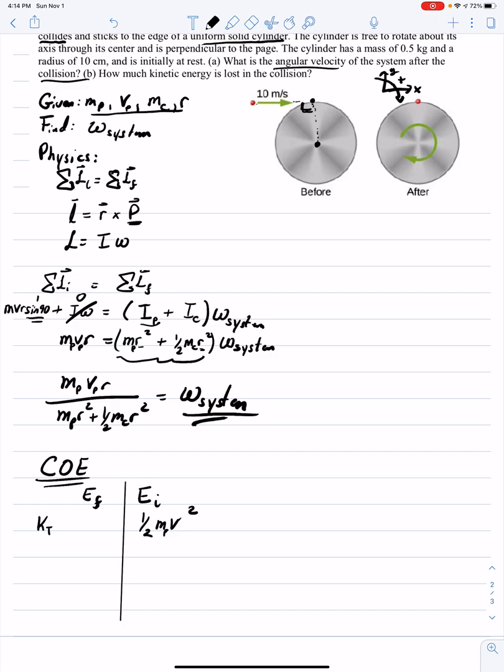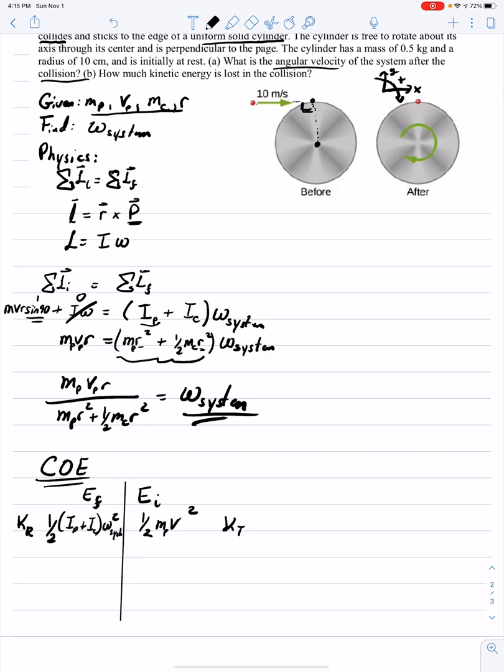However, right at the end, we do have kinetic rotational energy. So this is kinetic translational because that is the only thing moving. Then at the end we have kinetic rotational energy, and that can be 1/2 the moment of inertia of the particle plus the moment of inertia of the cylinder, times the angular velocity squared of the system.